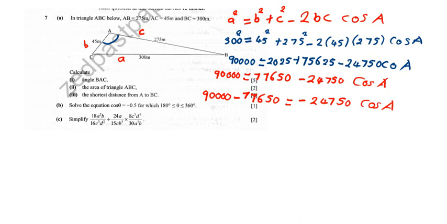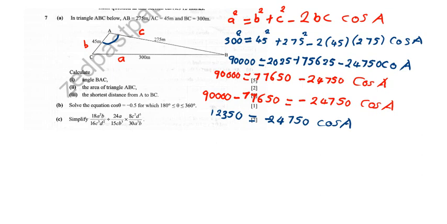When we subtract, we are getting 123,50. So 123,50 is equal to negative 24,750 cos A. That's what we're getting.